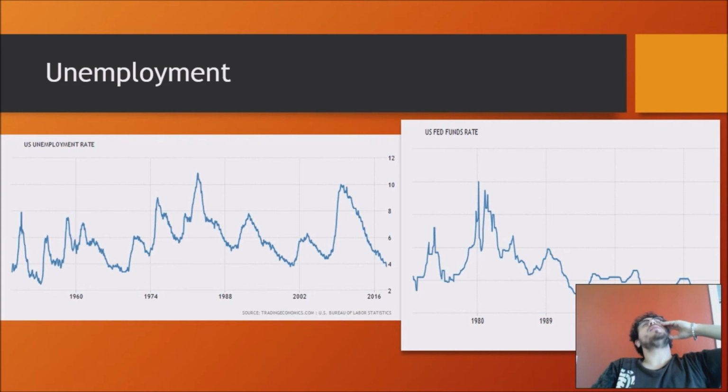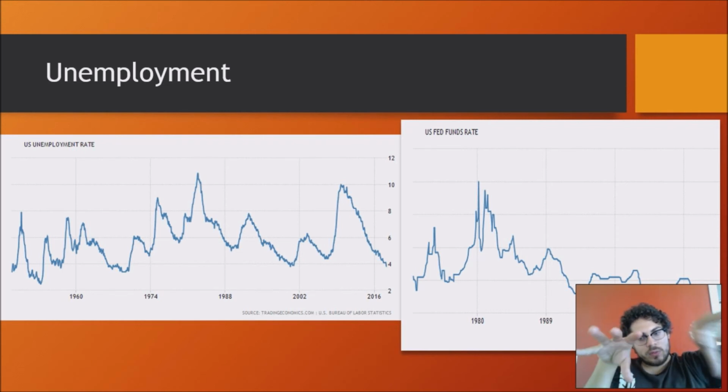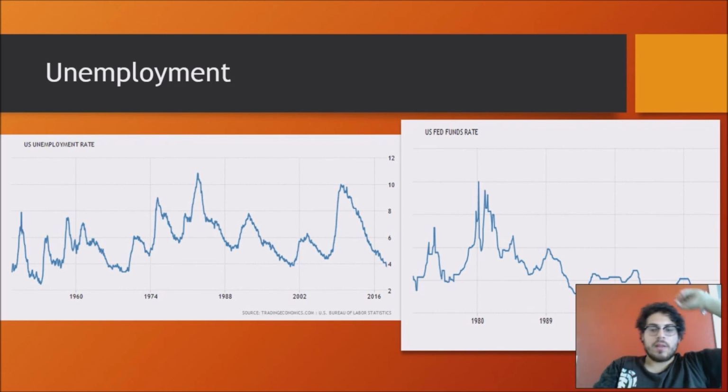Unemployment and interest rates. I should have used the Phillips curve to explain this concept. I might use the Phillips curve in a different video, but I'm just going to look at the two charts separately. So unemployment on the left and federal funds rate on the right. As you can see, when interest rates are high, unemployment rates are high.